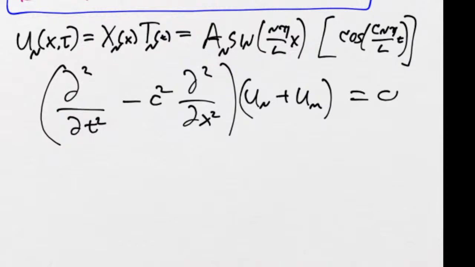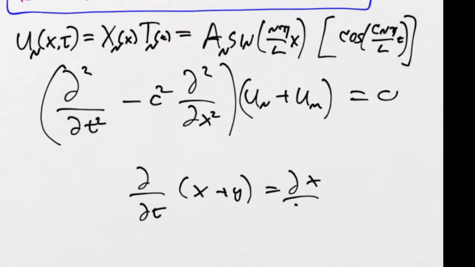And you can kind of see this is all linear, is the point, right? I can bring this operator inside here one by one. I can attack un first with it and then um second. I can distribute this as a linear operator because that's the rule for derivatives, right? The derivative d/dt of the function x plus the function y is dx/dt plus dy/dt.